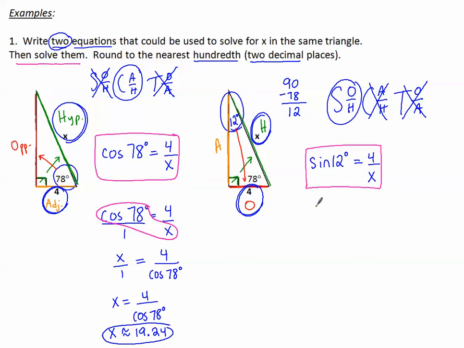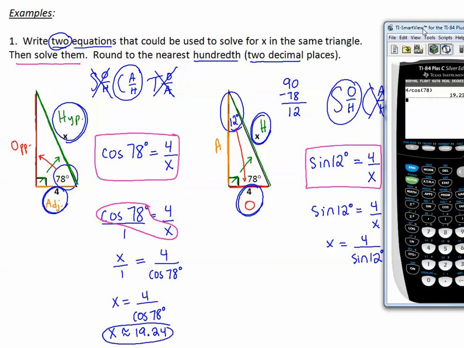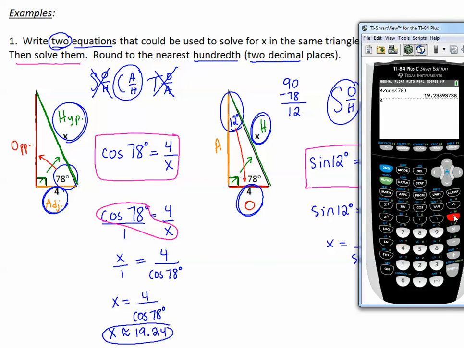Let's try this one. Sine of 12 degrees equals 4 over x. Switch the places when x is in the denominator so that we are dividing by the trig ratio. Now we go to our calculator and type in 4 divided by sine 12, close parentheses, enter.